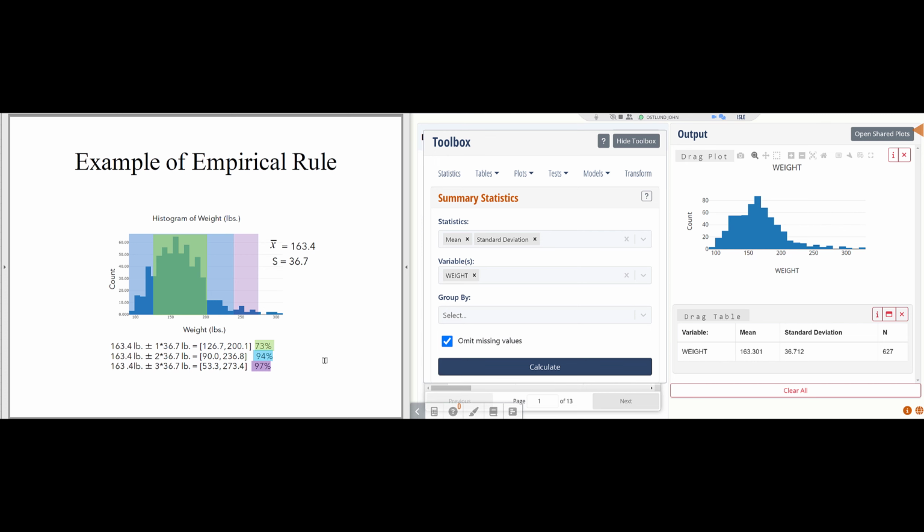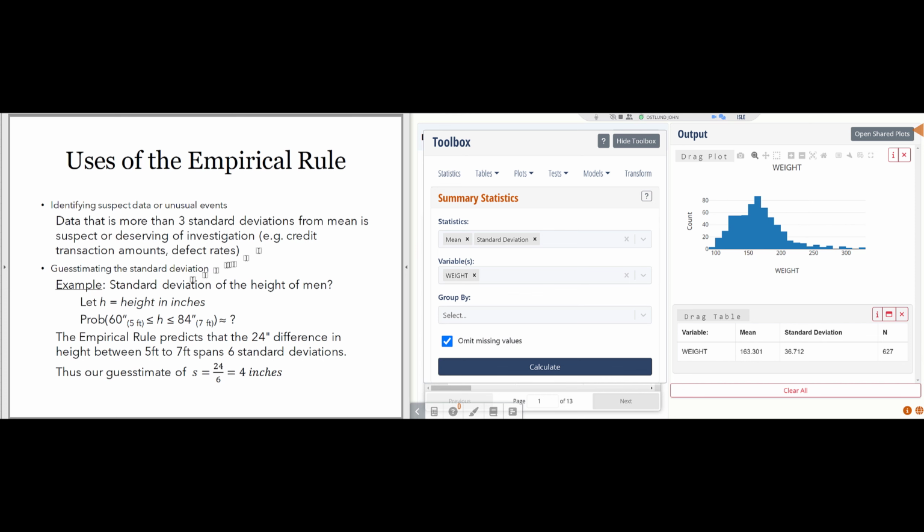What does that imply? Well, what it implies is if we estimate what the range of some population is, we can then make an assumption that the standard deviation is going to be approximately 1/6 of that range.